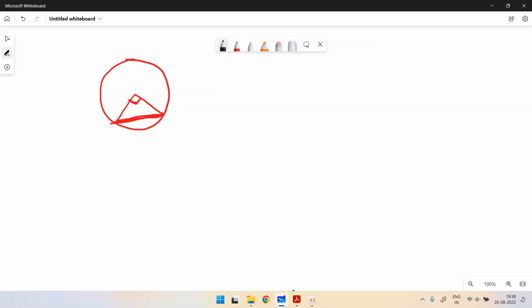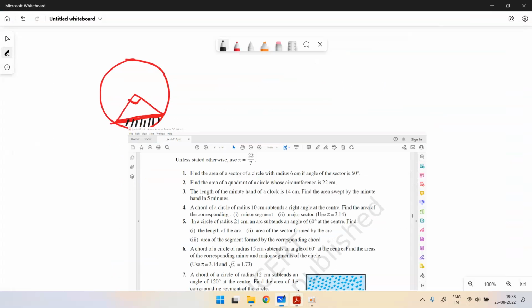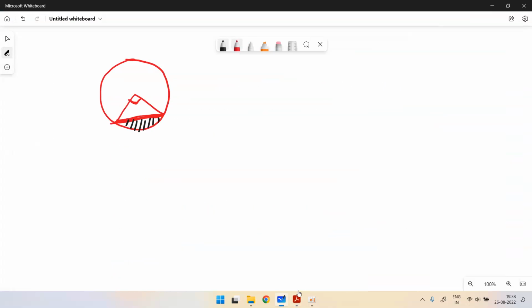So you need to find the area of the minor segment and the major sector. The major sector is this whole area. So first you calculate the second part, the area of the major sector.